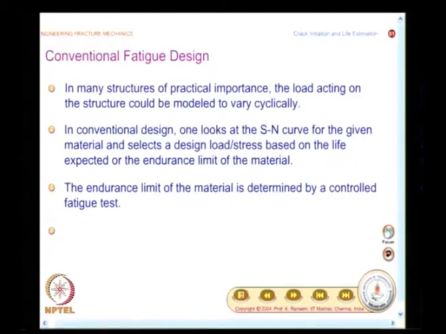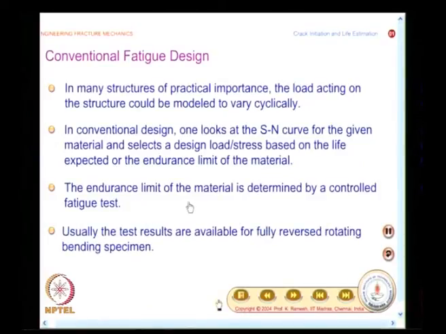But conventionally, if you have a cyclical loading, you just take the SN curve for the material and try to use the data appropriately on the basis of your need. You will have to note that the endurance limit of the material is determined by a controlled fatigue test, and usually the test results are available for a fully reversed rotating bending specimen.